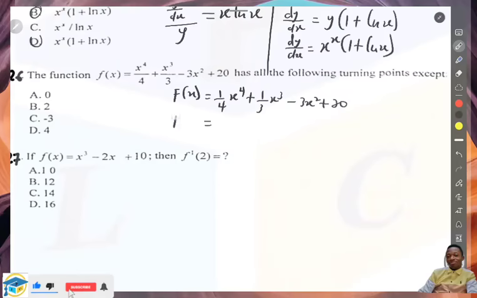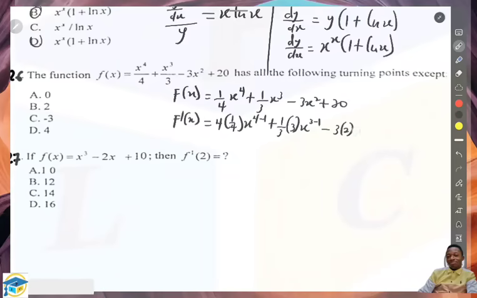So if I want to differentiate for the first time, then 4 multiplying 1 over 4 x to the power 4 minus 1, plus 3 multiplying 1 over 3 x to the power 3 minus 1, minus 3 multiplying 2x to the power 2 minus 1. We said the differential of a constant like 20 should result in 0.